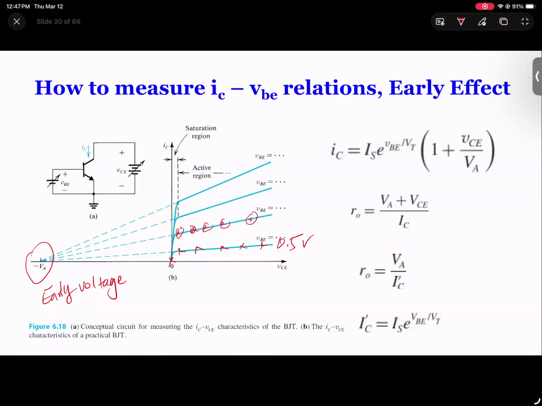But you can buy an instrument, like from TI. They have this. You can plug your device onto it and get these curves. Also, typically you do simulation.